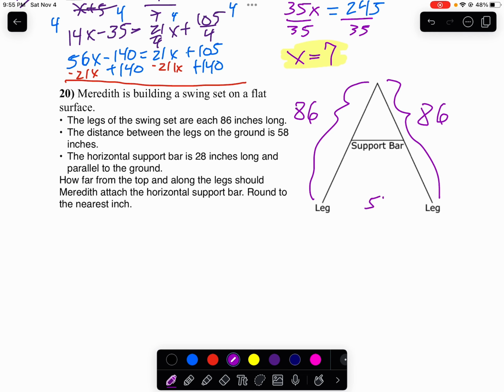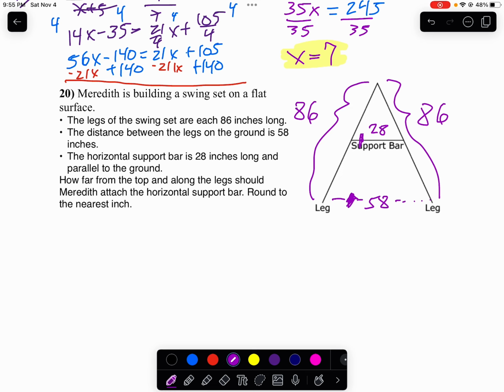So I know this is 58 inches down here. The horizontal support bar is 28 inches long and parallel to the ground. So I don't know if we need that, but it's parallel. Actually we do, but we'll go from there.